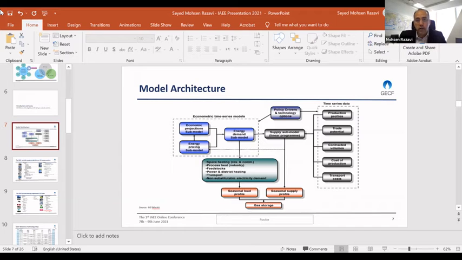Then we develop the scenario and run. So iteratively they run together: the marginal cost of supply is fed into the demand part and vice versa, until the desirable convergence is achieved. This is the methodology that we apply in GGO, and this hydrogen scenario is part of that.